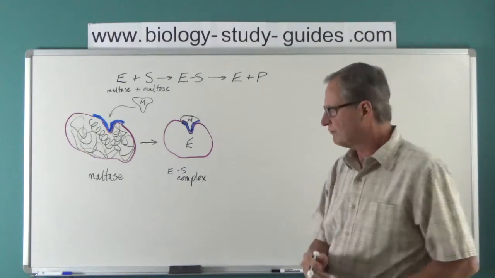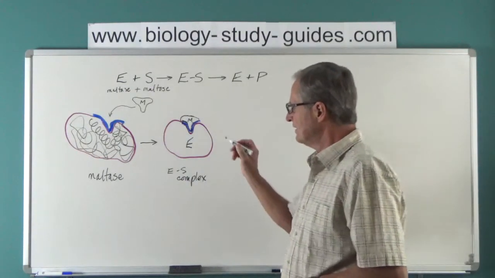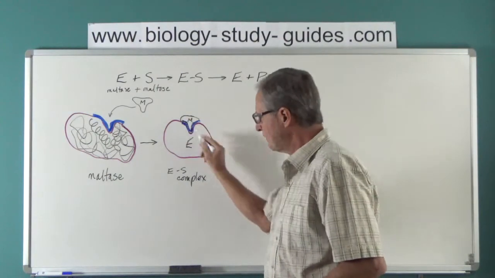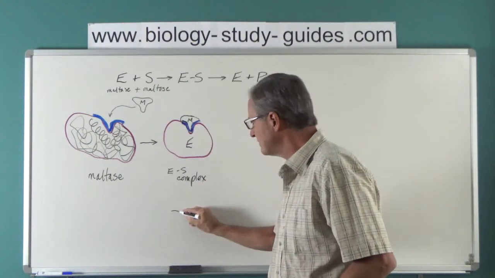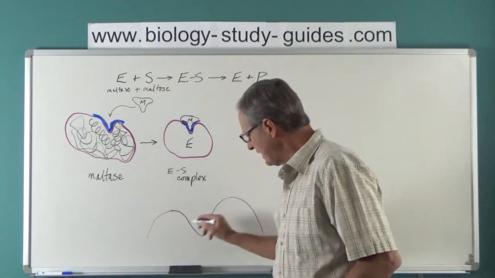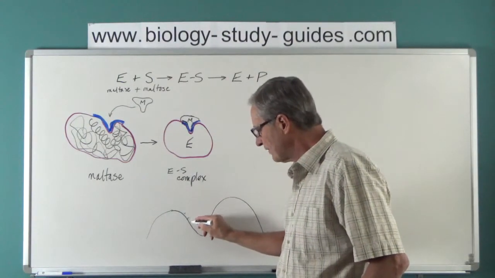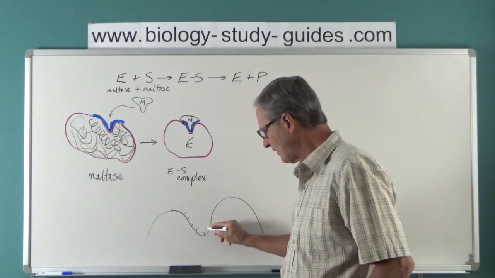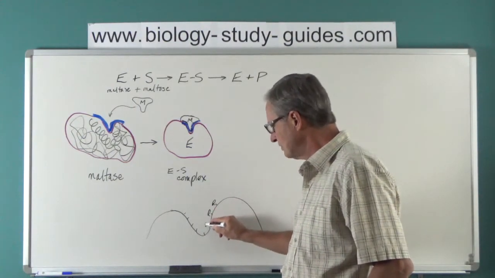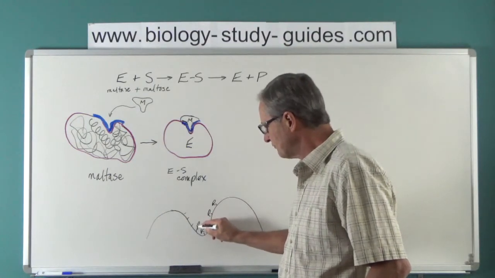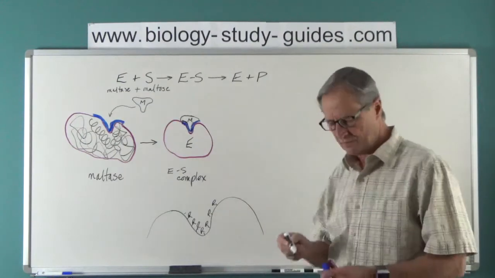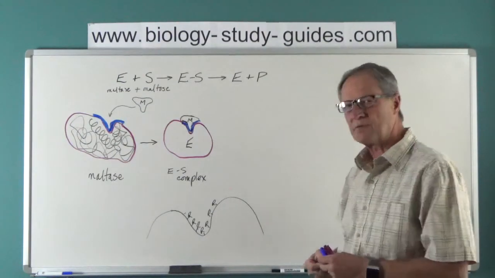What I mentioned before is that the active site is actually, I'm going to represent that down here again. So this could be the active site on the enzyme. The active site is lined with amino acids, and these amino acids have groups which are exposed onto the surface, into the region where the maltose molecule can combine.